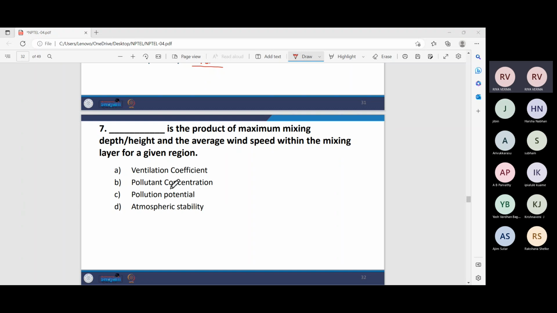And option D is atmospheric stability. Any idea? Ventilation coefficient. Correct.